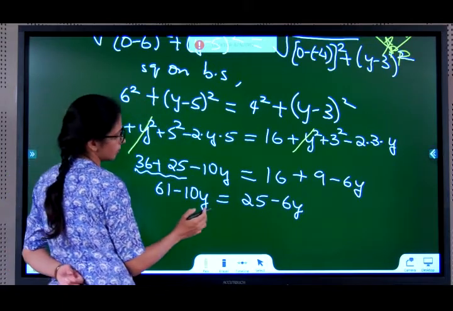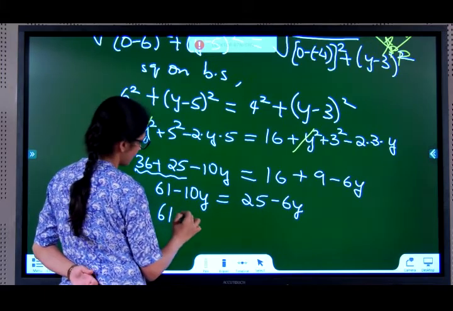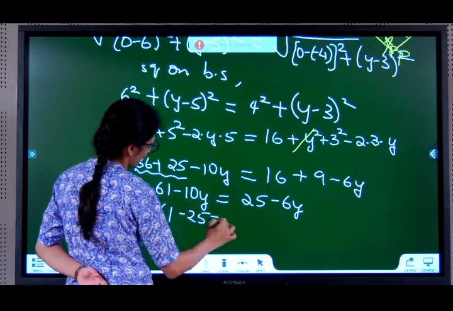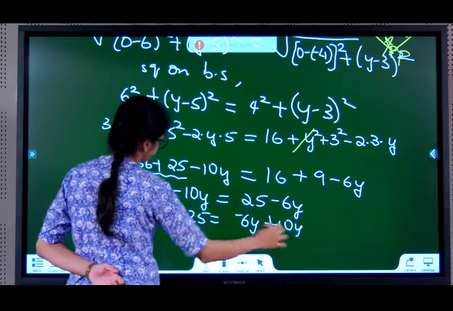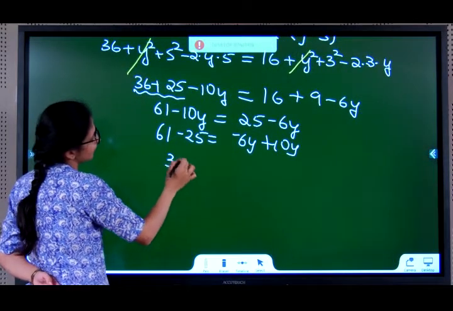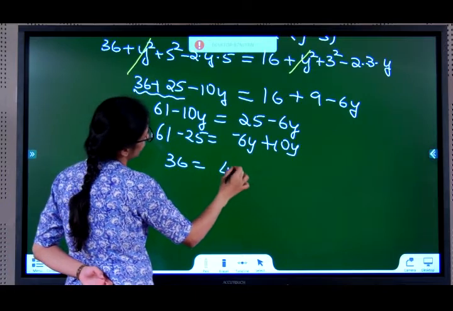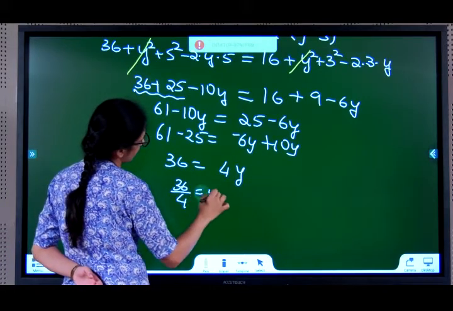Bring all the constants on one side and the variables on the other side. 61, 25 comes aside, so becomes minus 25 equal to minus 6y. Bring the minus 10y that side, so plus 10y. 61 minus 25, 36 is equal to 4y. 4 comes down, 36 by 4 equals y.